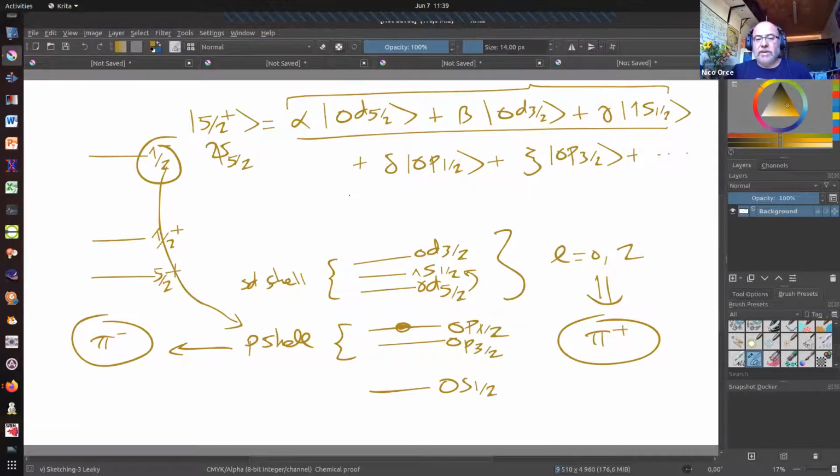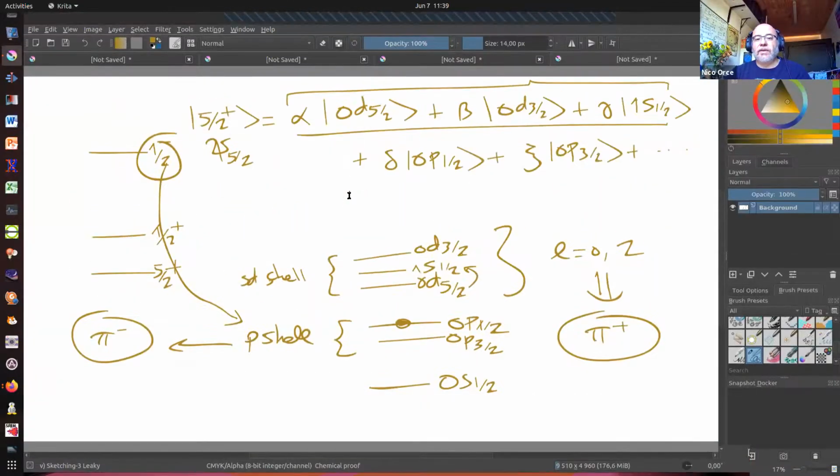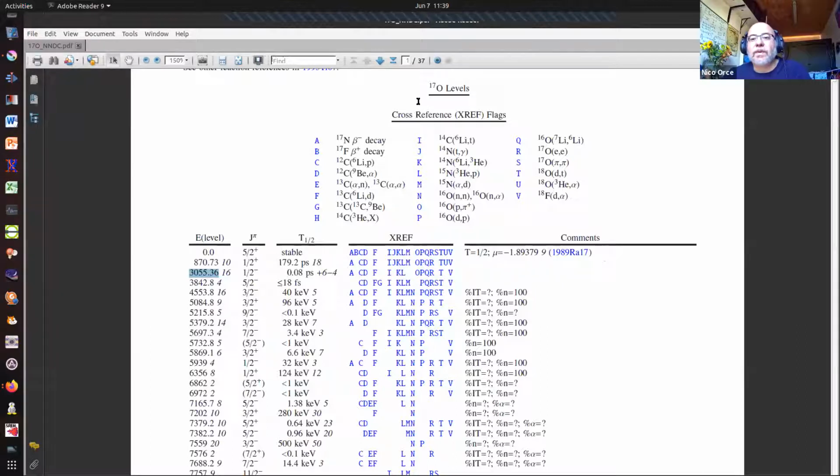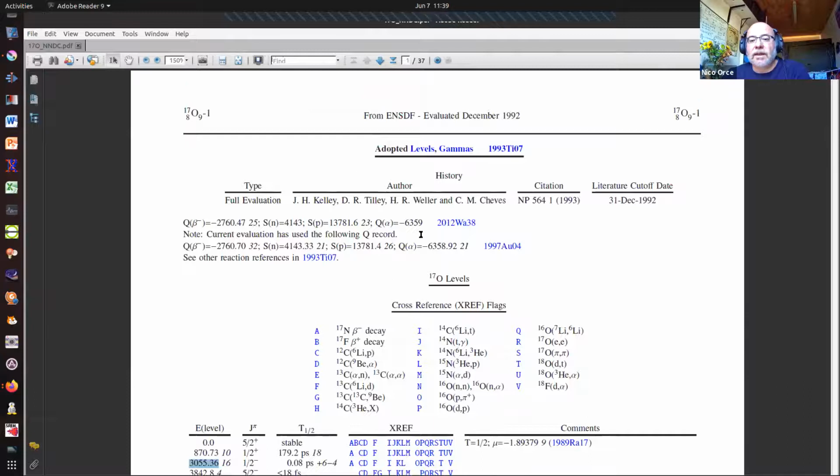Now, okay, let's go and see a different nucleus. Let's ask ourselves what happens with oxygen 19, or with fluorine?